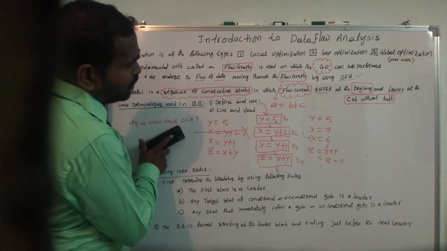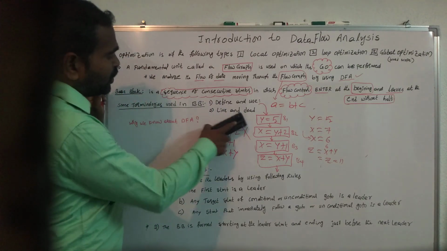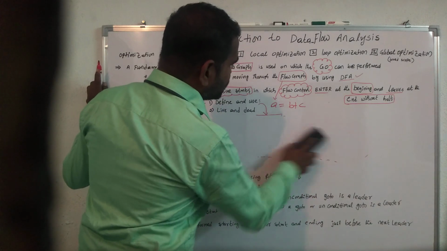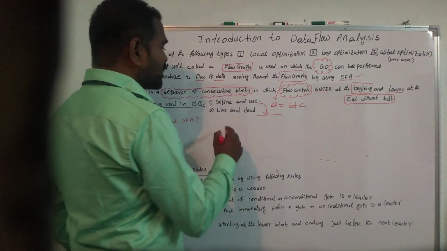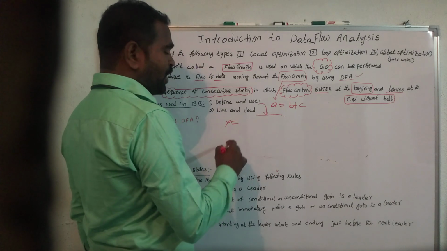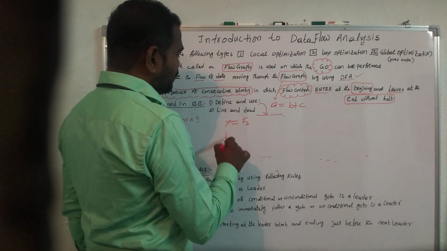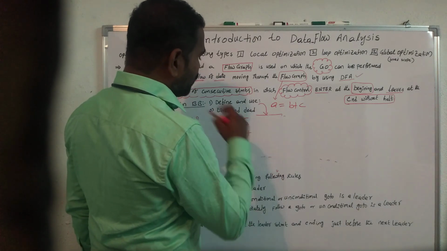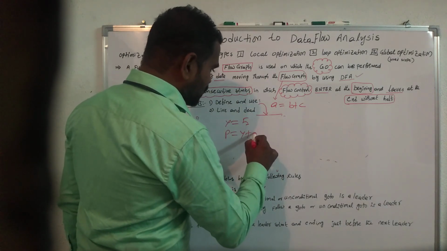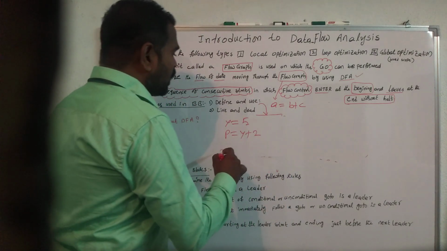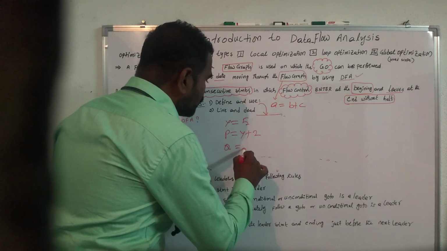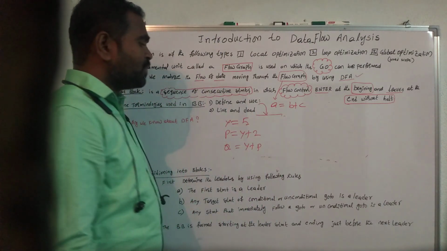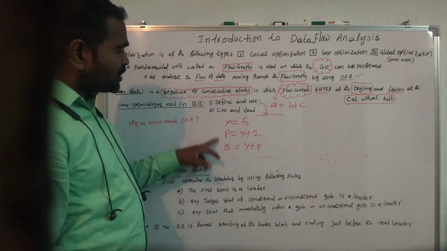Now I am going to explain how constant propagation works. In this constant propagation, y is equal to 5. Next p is equal to y plus 2. Now q is equal to y plus p. Suppose these are the set of statements.